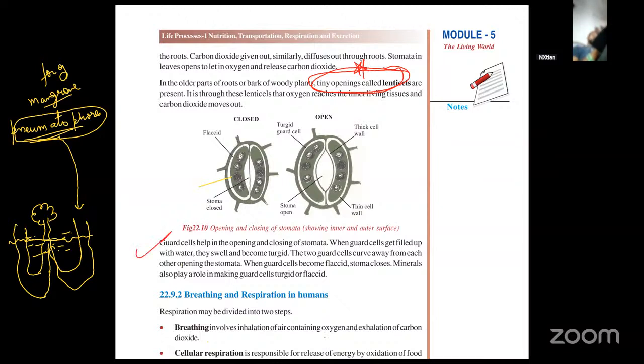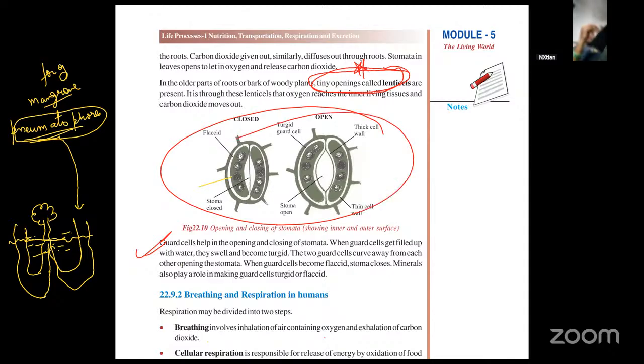And the third part is stomata. Stomata is basically in leaves. The leaf has two surfaces called adaxial and abaxial. Adaxial is the top part and abaxial is the back part. On that abaxial part, the bottom part, there are small tiny pores called stomata, and the leaf gets carbon dioxide through these stomata.